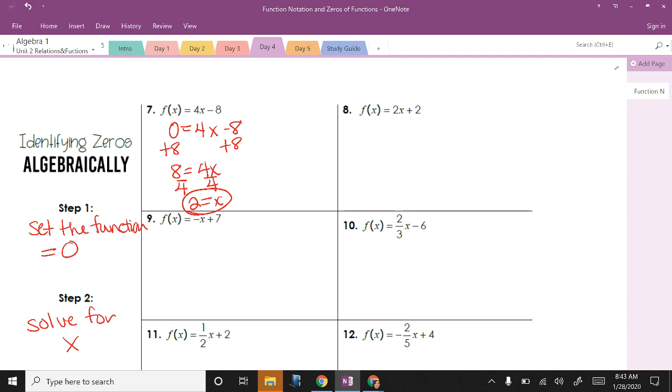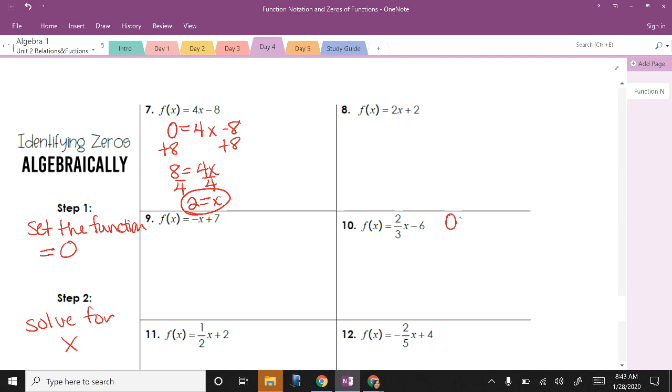So I'm going to skip around because y'all are good at this. Let's do number 10. How do I find the zero on number 10? Put 0 in for f of x, and then 2/3 x minus 6, right? And then how do I solve that for x? What do I do first? Nope, first I have to add that 6.